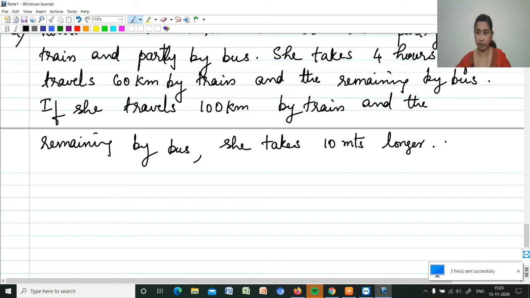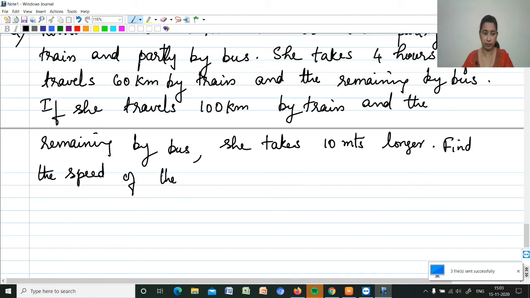Find the speed of the train and the bus separately.